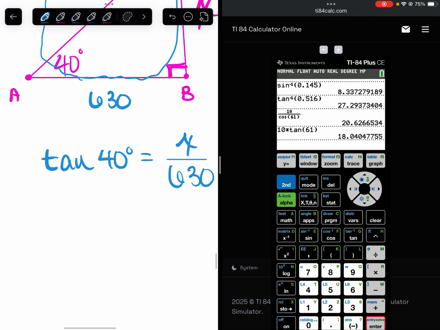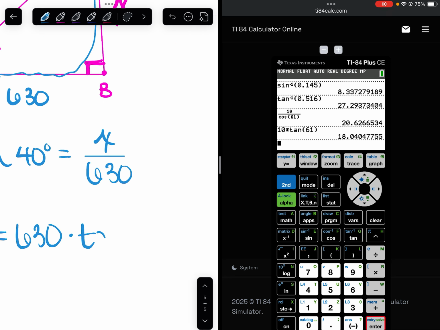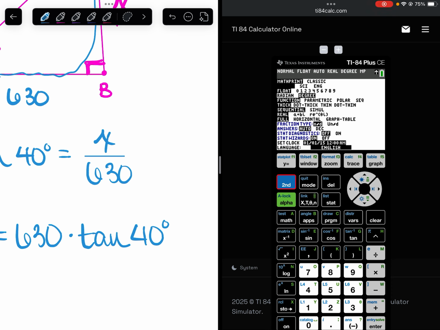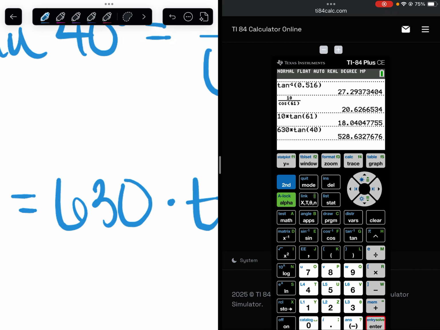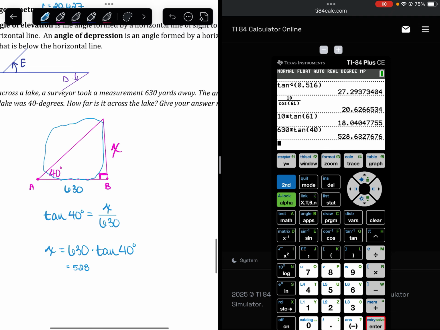So if we multiply by 630 on both sides, we get 630 times the tangent of 40 degrees. Make sure you're in degree mode, which I believe we still are. Yes. So 630 times the tangent of 40 is 528.63.